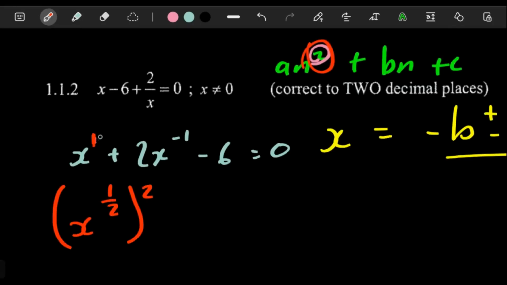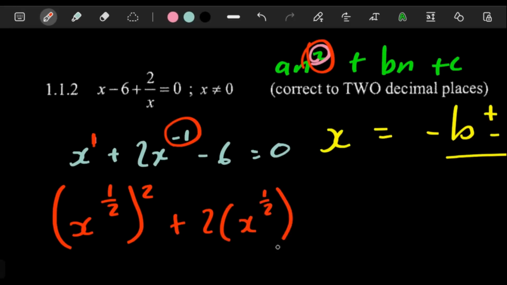Now the moment you put this to the power of a half, you may be thinking that if we have x to the power of a half here, we may want to also have x to the power of a half over here.